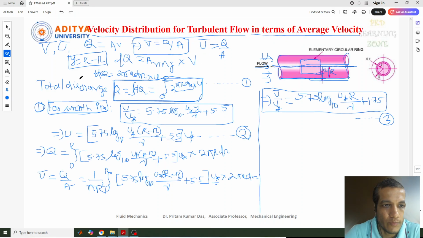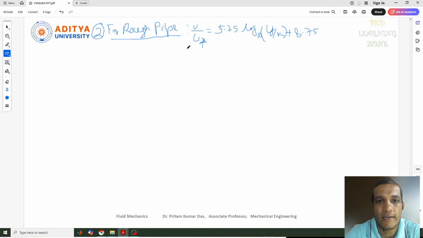Now I'll put the value of y equal to capital R minus smaller r, because previously we had the center line point. After putting y equal to R minus r, you can take u to the other side, or keep it on one side.